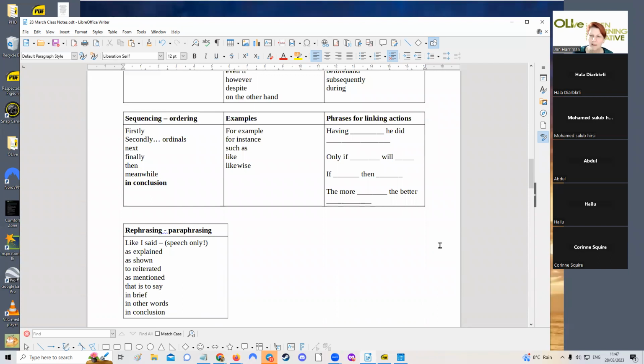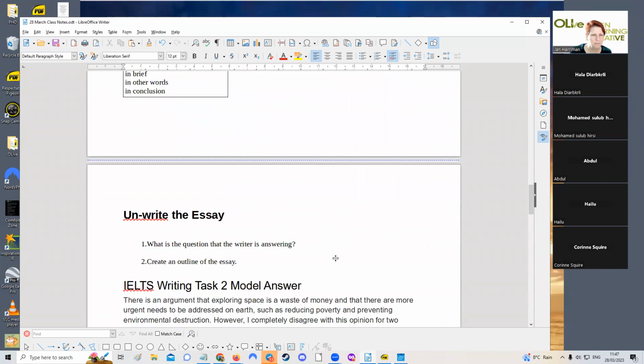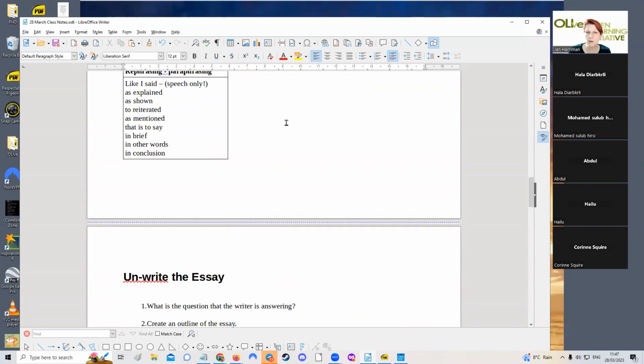Let's see if we can find some. So I set up a challenge. You've got this in last week's email. Sorry, it was late. We looked at a lot of questions last week to see the important words in the question, how to read the question so we would know what to answer.